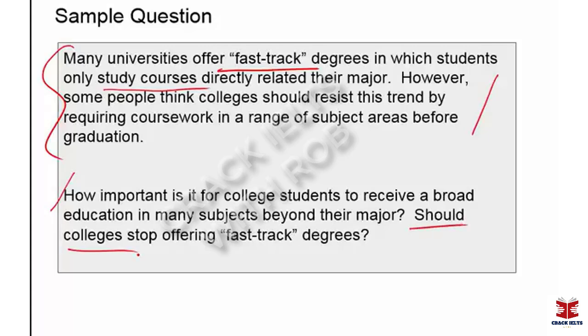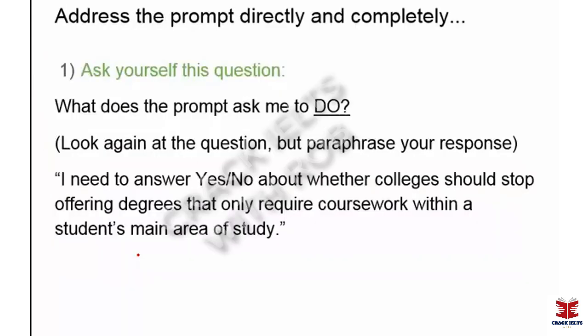Obviously, at the end, they ask you a question. Should colleges stop offering fast-track degrees? All right, well, then the answer to what you're supposed to do comes from there. And you don't need to write this down on your notes as you're planning for your essay. But this should become something that is automatic, something you just think about really quickly after you read an IELTS Task 2 prompt.